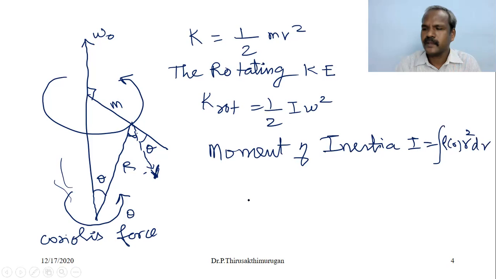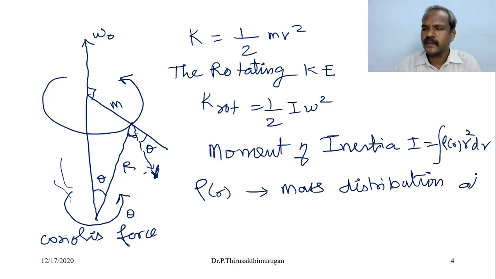Rho of r is the mass distribution at radius r in a volume. In the simple case, it is shown as a mass at a point.